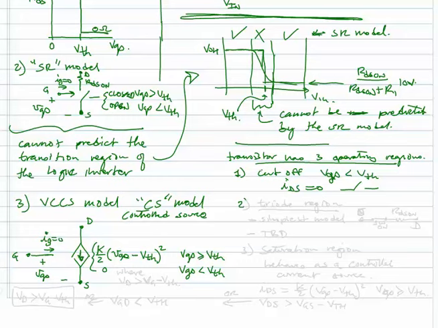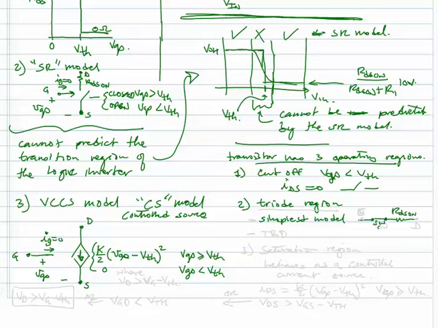The second mode is called the Triode Region, and I haven't described that yet. But for now, this could be modeled with several models. The simplest model of this is when the switch is on and we have RDS on.